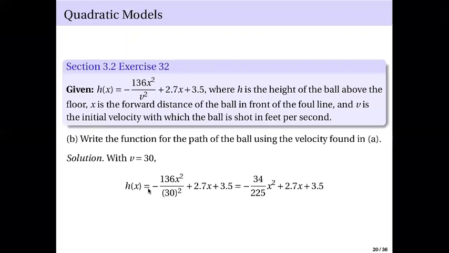Okay? h of x equals negative 136x squared over 30 squared, that's your 900, plus 2.7x plus 3.5, and you will get this quadratic equation. So negative 34 over 225 x squared plus 2.7x plus 3.5. Okay?